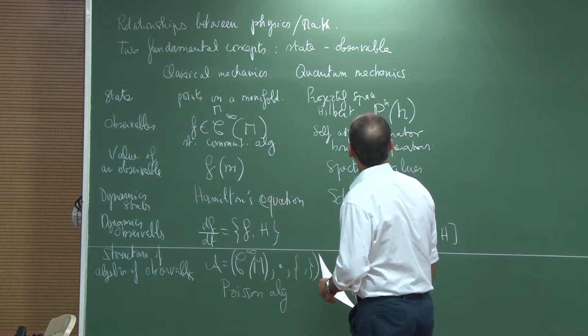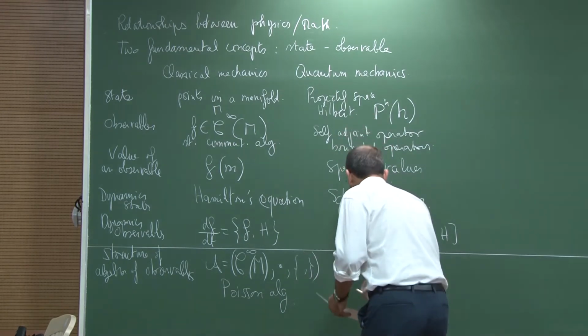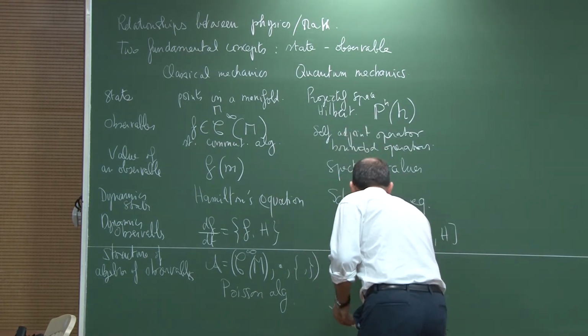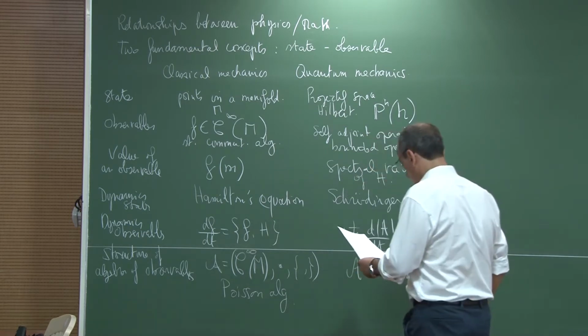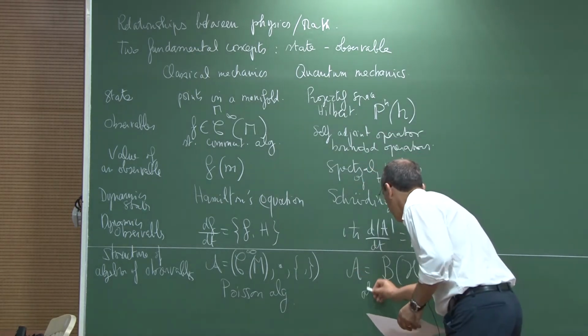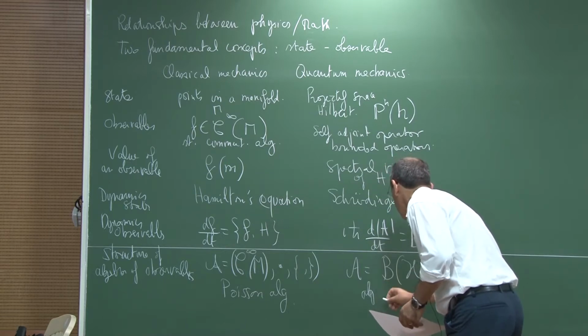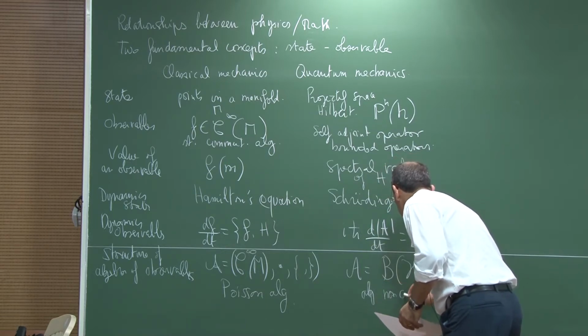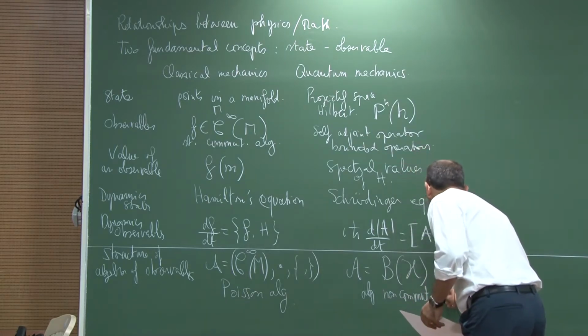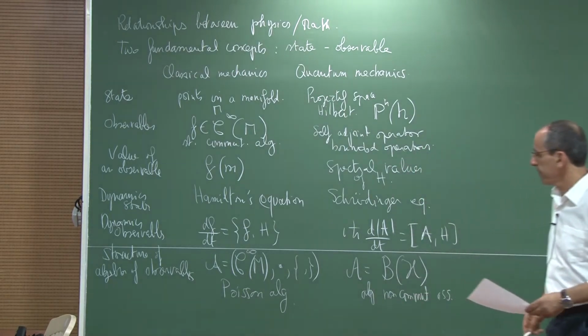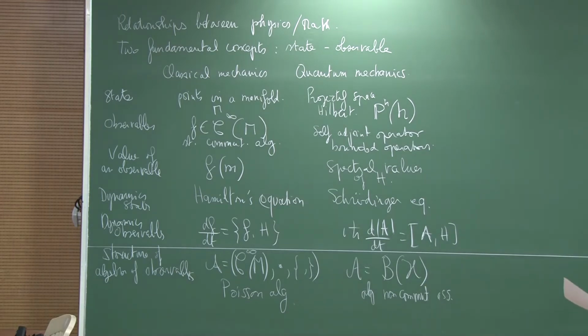And for quantum mechanics, what we get here is A over these bounded operators, and this algebra is non-commutative and associative. And we have these two types of algebra.